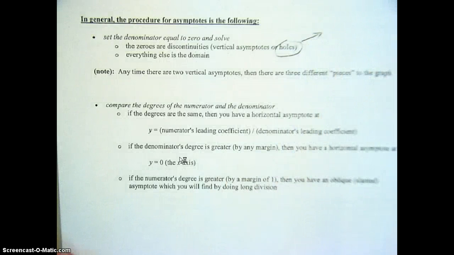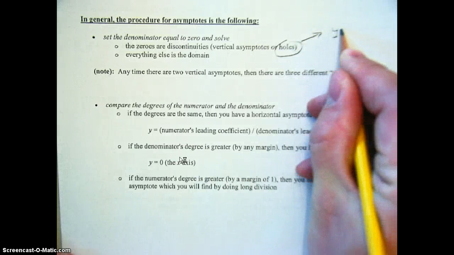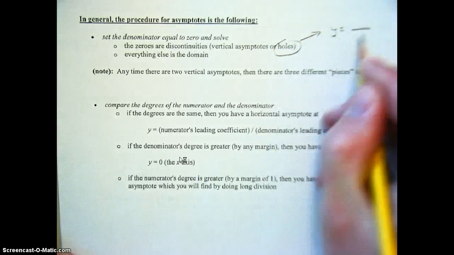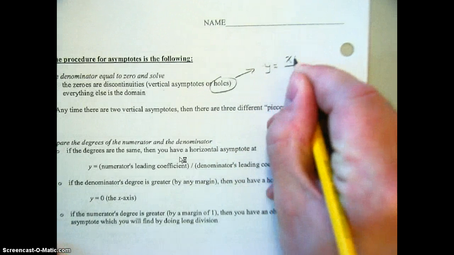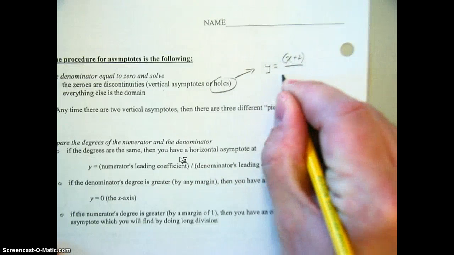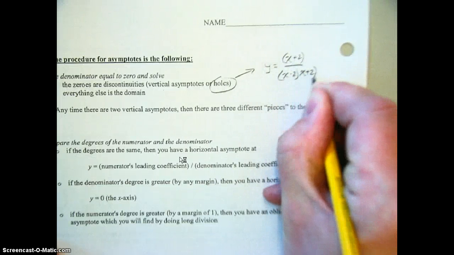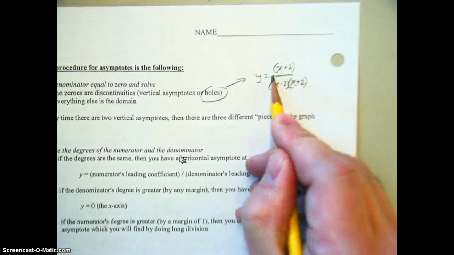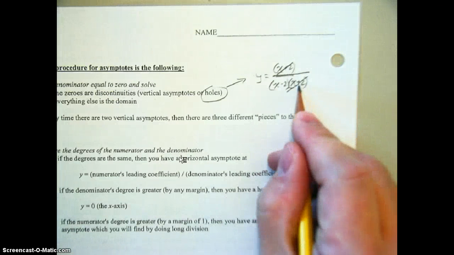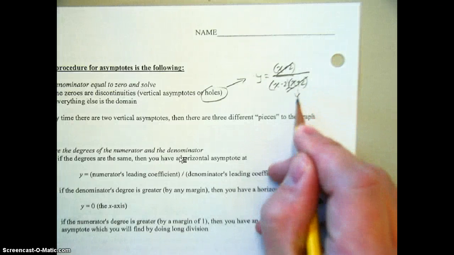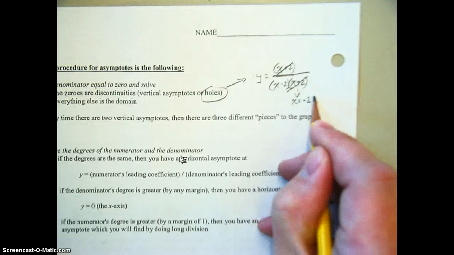When we cancel something out of the numerator and the denominator, for instance, if you want to give yourself an example here, you say you have y equals x plus 2 over x minus 2, x plus 2. And we cancel this piece and this piece out. Whatever made that 0, so x equaling negative 2, that is a hole.